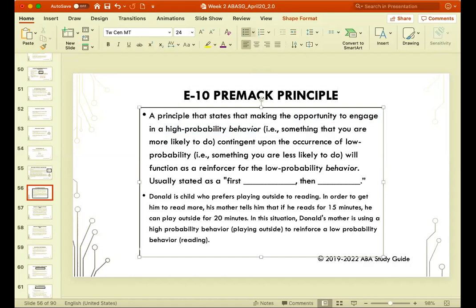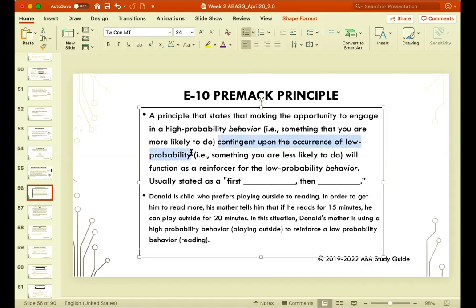Right? So just be careful that you're not always looking at just telling you what you can earn. If I say clean up your mess and then you can get a cookie, I'm telling you what you can earn, right? I'm stating a rule and a contingency. Premack principle on its own has to do with the high probability behavior being contingent only upon the occurrence of the low probability behavior.